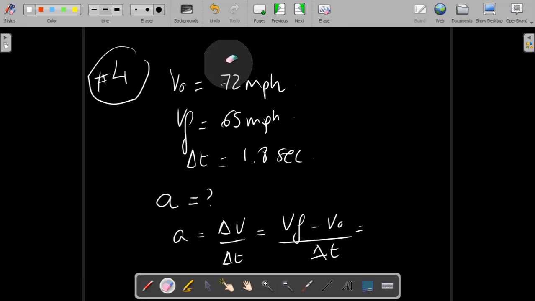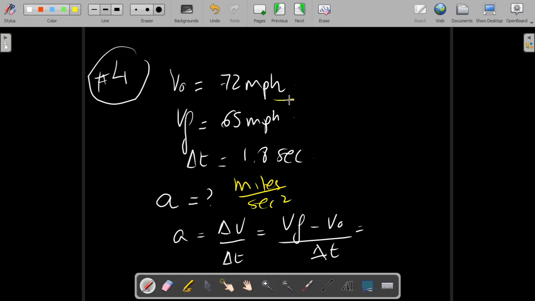They want the answer in miles per second square, and this is in hours. So the first thing you need to do before you can use the formula is change this. How do we do that? Well, you know how to do this.